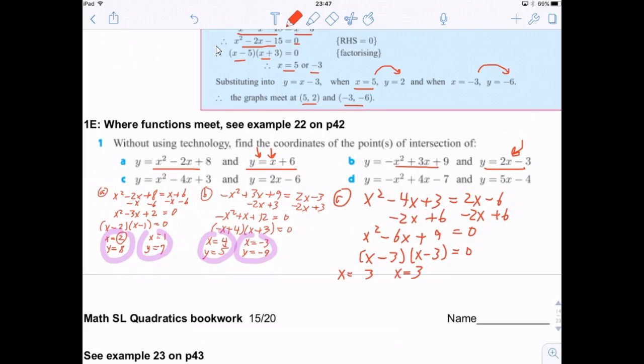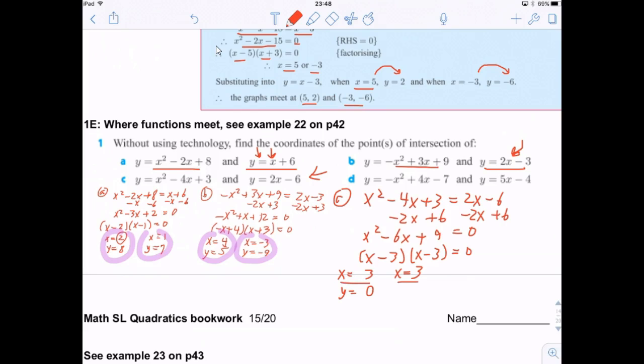And then I'm going to take this 3 and I'm going to plug it into the original line equation, which is over here. And then I'm going to put 3 in for x, and it's going to be 2 times 3, which is 6, minus 6, and it turns out that the y value is 0 that corresponds to this. Okay? And you see that it only has one solution, x equals 3.